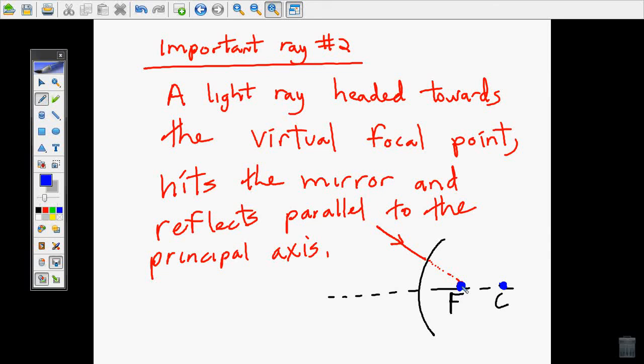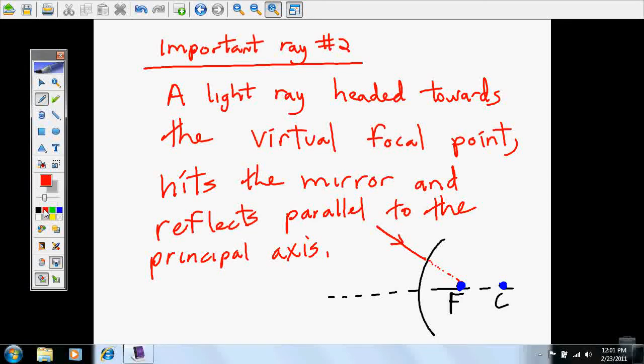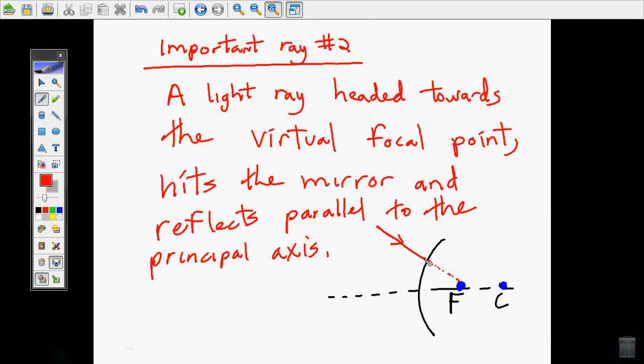A light ray headed towards the mirror at an angle, so it's like headed right towards the focal point. When it hits that mirror, how's it going to bounce? It's going to obey the law of reflection and bounce back parallel to the principal axis. Just like reversing the first one.